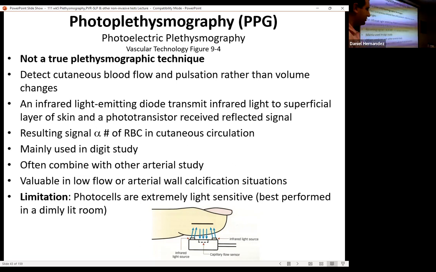It's only for digits, not the ankle or thigh. It gives us an idea of what's going on in their feet, because that's where we start amputating when they start losing toes, then the whole foot, then potentially below the knee, then above the knee. The smaller vessels are affected first.